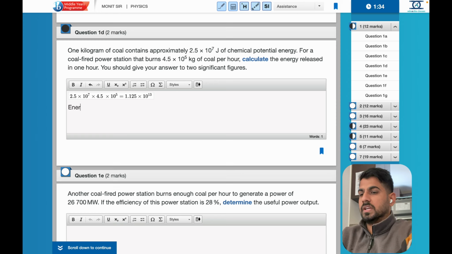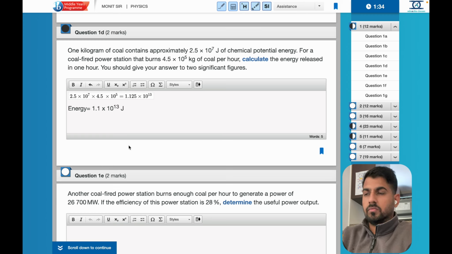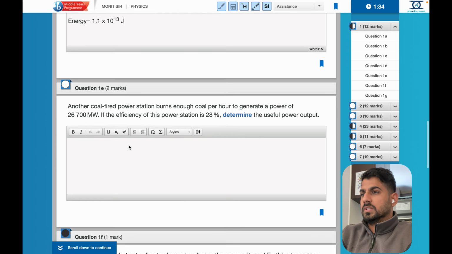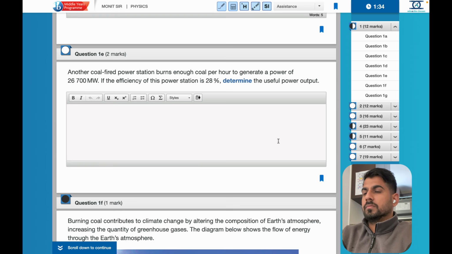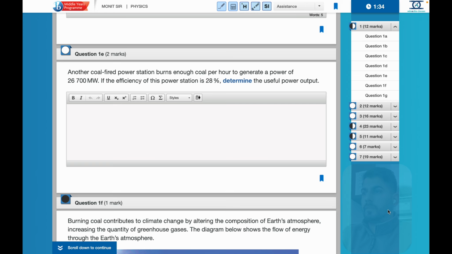Therefore, you can say the energy is equal to 1.1 times 10 raised to power 30, and then you can say it is in joules. Okay, so this is how you answer part 1D. Simple. No need to mention anything else. It's more than enough. Now 1E. Pause the video and try to solve.